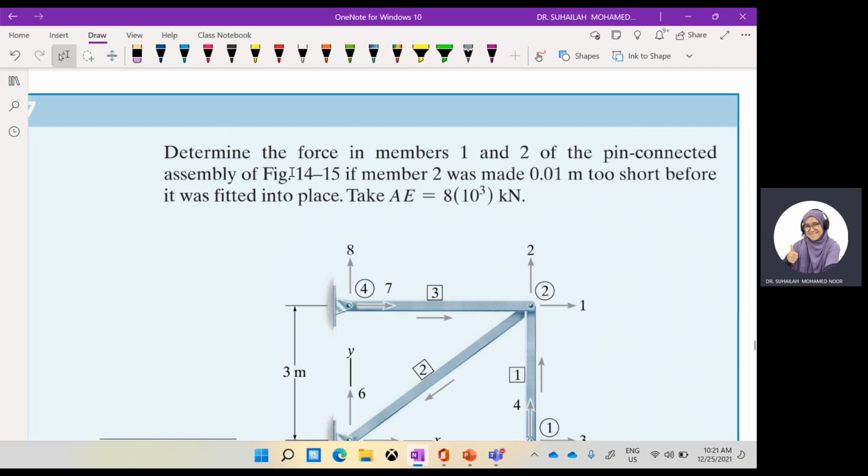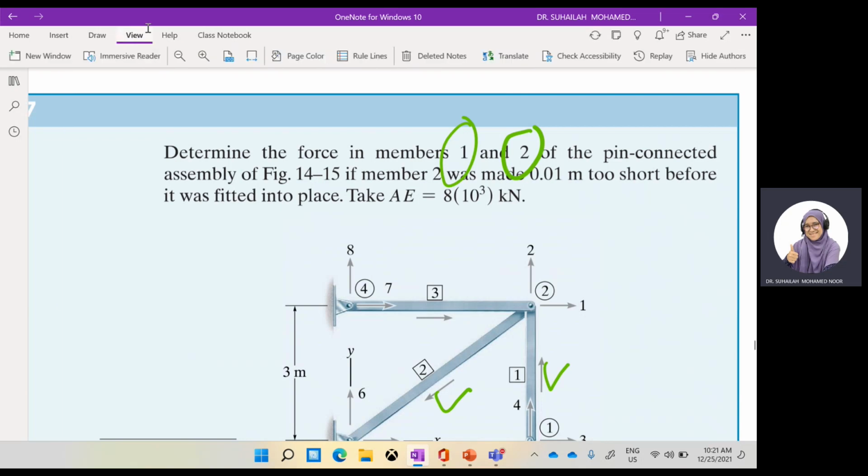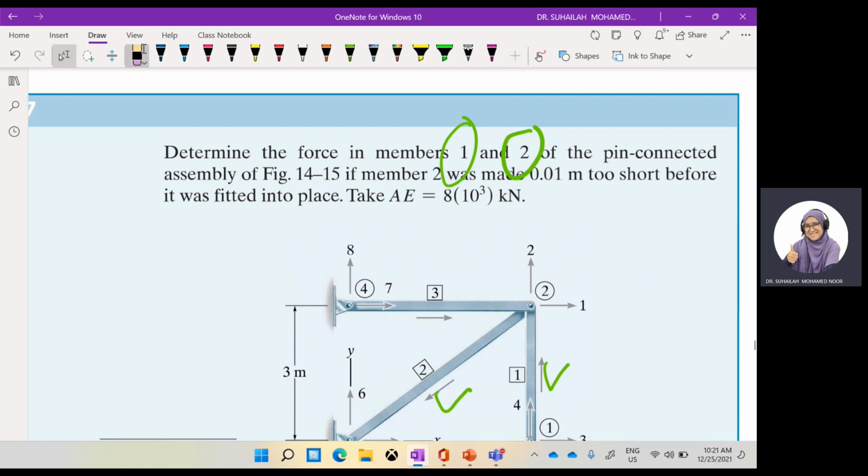So the question is: determine forces in members 1 and 2, if member 2 was made 0.01 too short. This is fabrication error, too short before it was fitted into place.